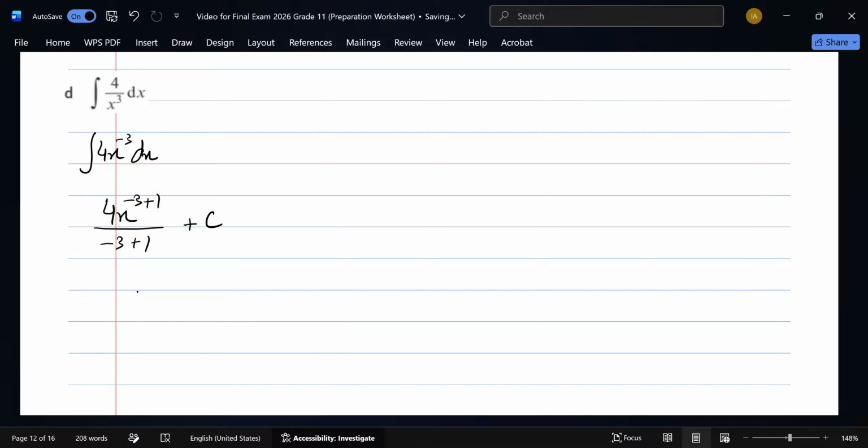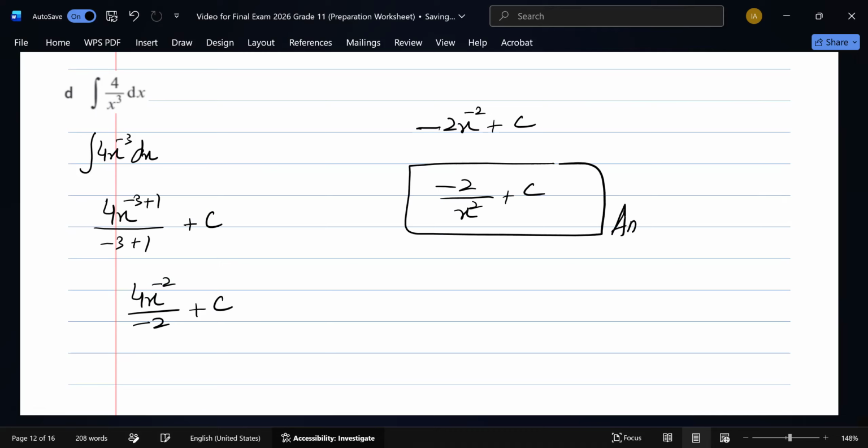Okay, so it's going to be 4x power minus 2 divided by minus 2 plus c. So it's going to be minus 2x power minus 2 plus c. Let's make the power positive. We bring it down and it's going to be minus 2 upon x squared plus c. This is our final answer of integration.